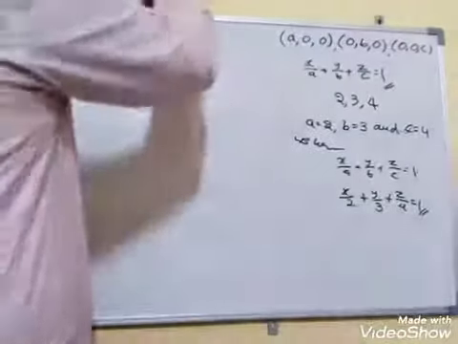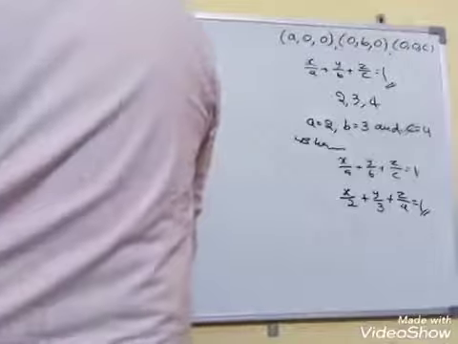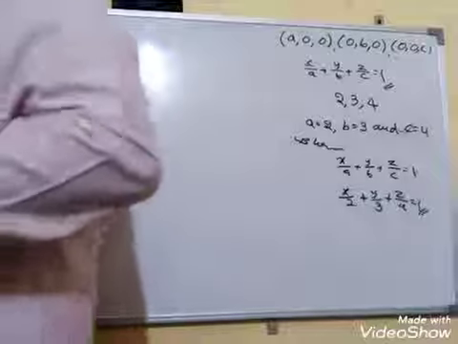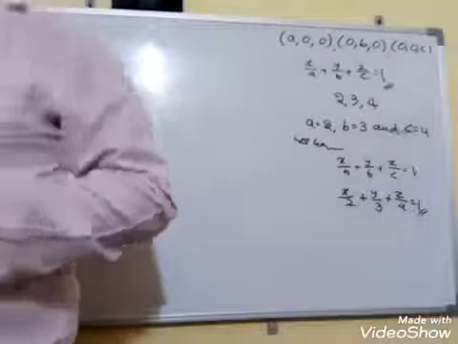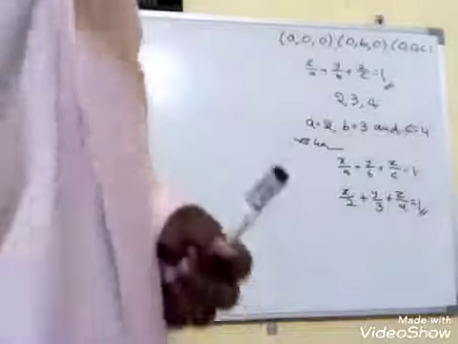Further, here another question is asked. What is the question? Equation of the plane which makes an intercept of 3 units on the y-axis and parallel to the plane ZOX. Once again I am repeating the question.